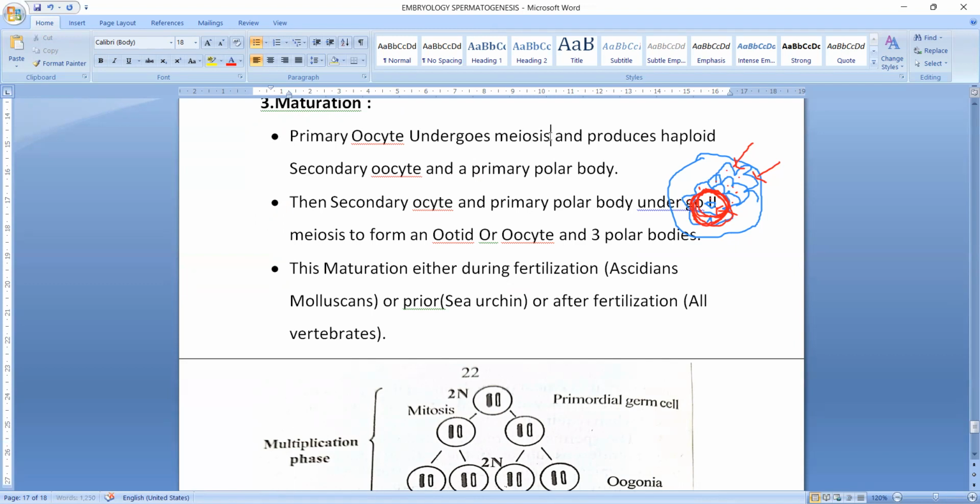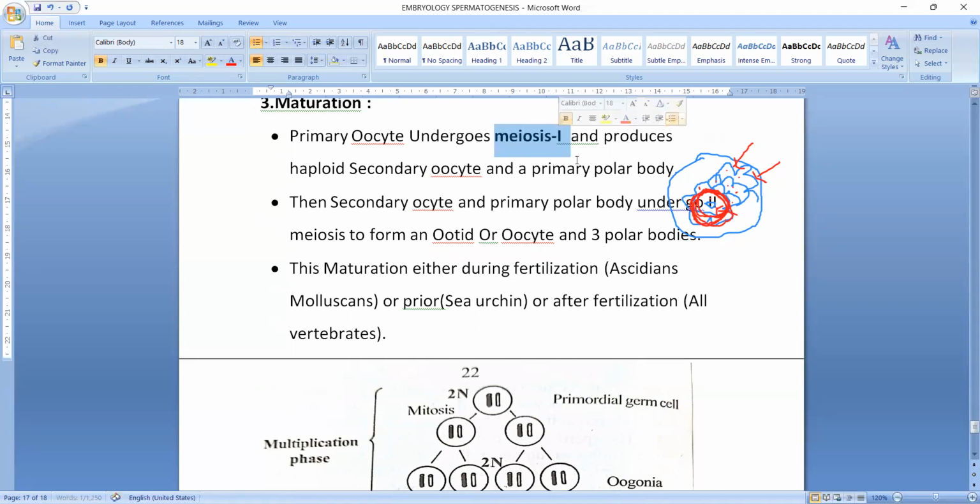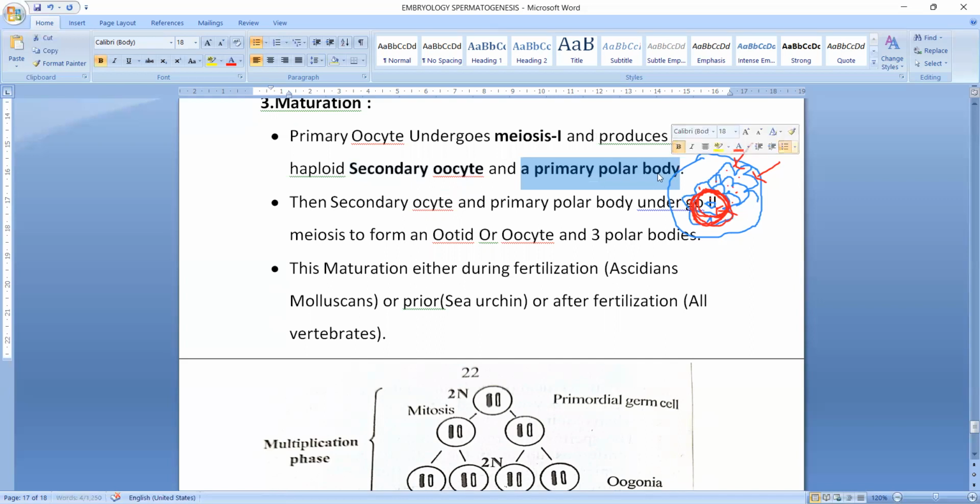Just like in spermatogenesis, meiosis 1 takes place here too and produces a haploid secondary oocyte and a primary polar body, or polocyte. We also call it a polocyte.